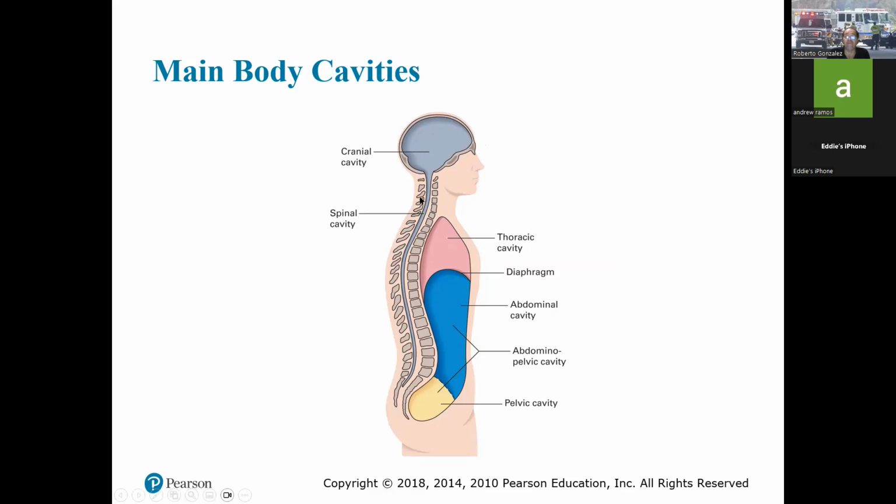Remember, the spinal cavity is where your spinal cord goes through. That's important for protecting the C-spine, because if you have an injury to one of these areas, you can sever it off, and whatever the brain is telling the body to do below that section, it won't do it.